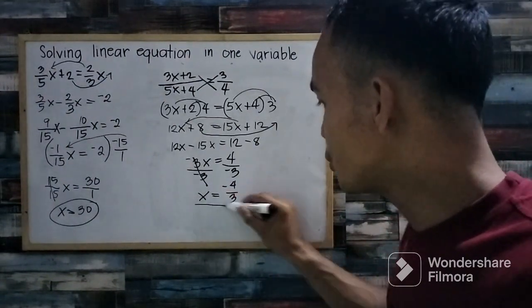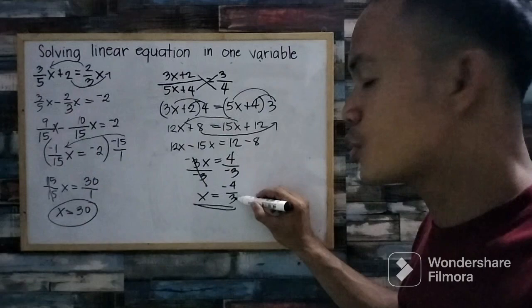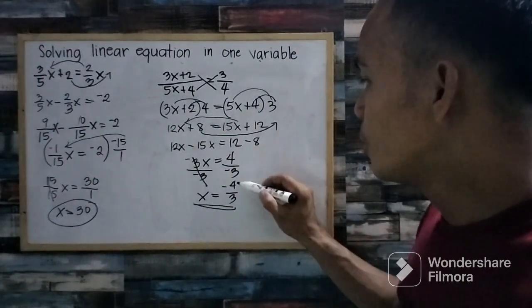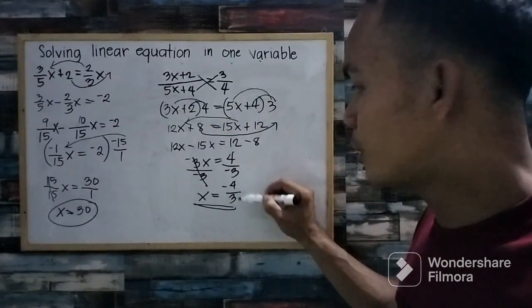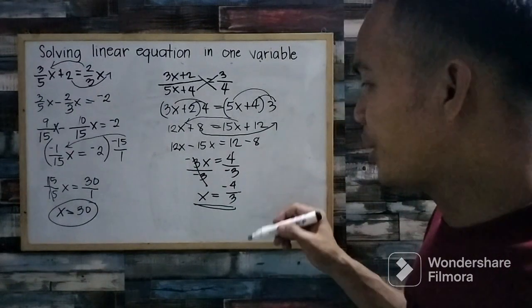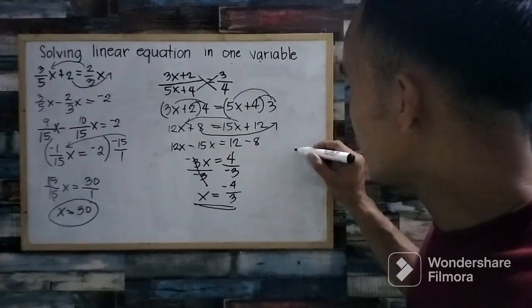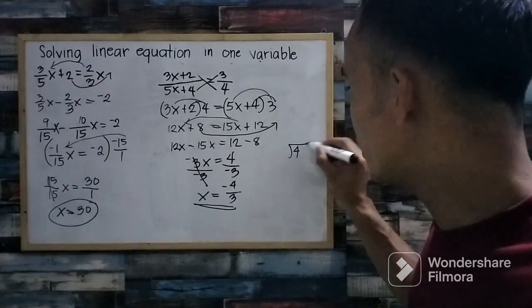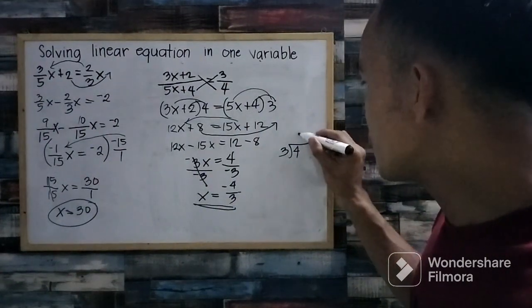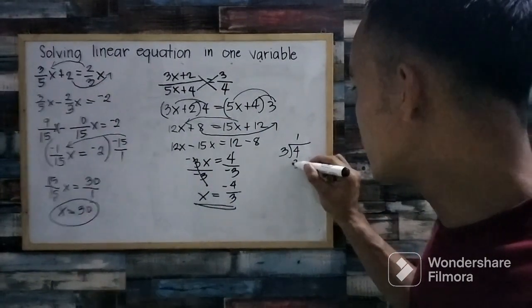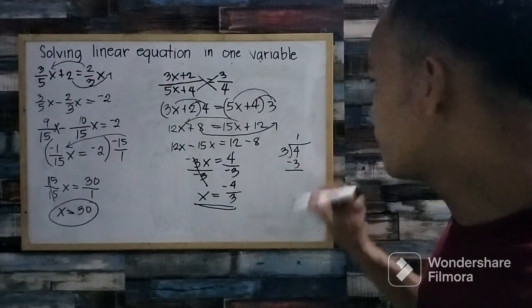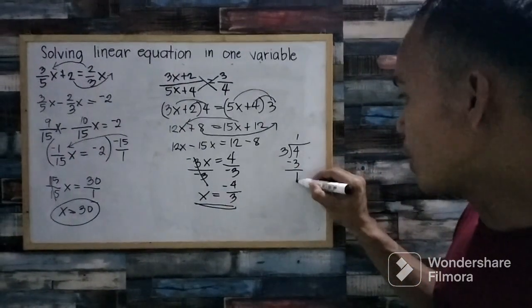That is our solution. Or you can also simplify this because the numerator is bigger than the denominator. So we can divide it. So that is 4 divided by 3. So that is 1. 1 times 3 is 3. So we have to subtract that. So 4 minus 3 is 1.